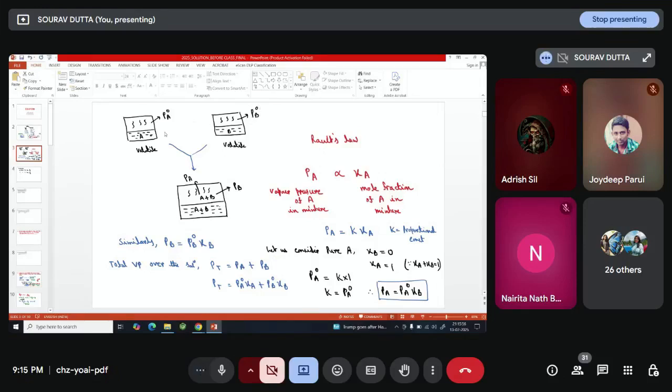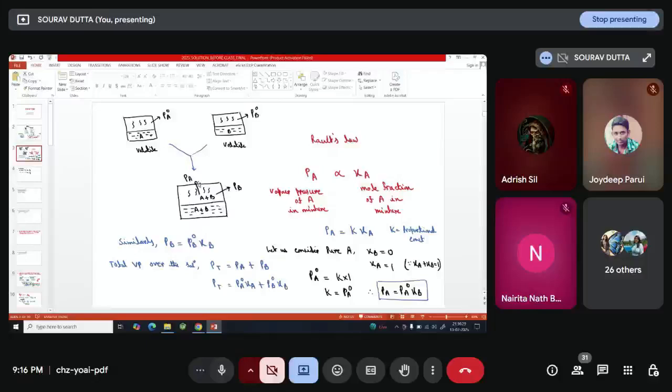Okay, now if we mix these two, liquid A and liquid B, these two pure solvents, solvent bola thik na, basically two liquids A and B, if we mix them together they form a solution. Okay, so this is a solution of A and B. So obviously as A and B both are volatile, A and B both create some vapor pressure.